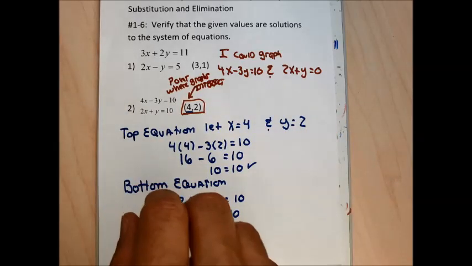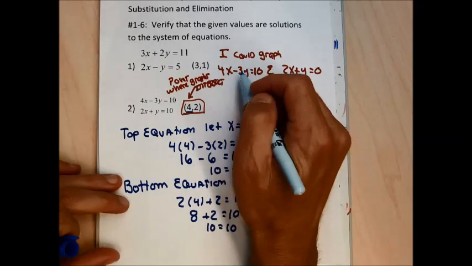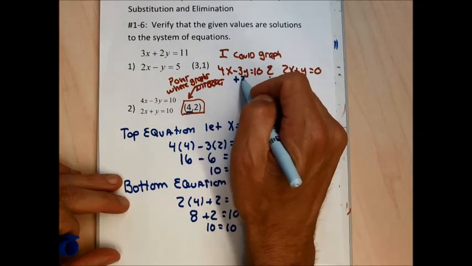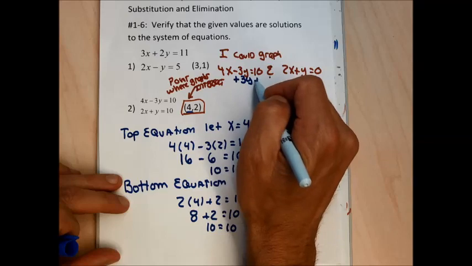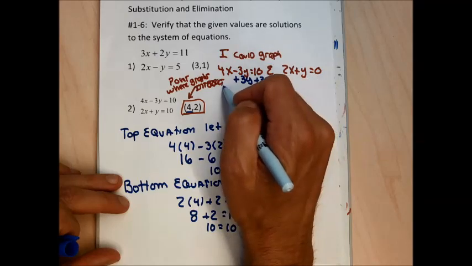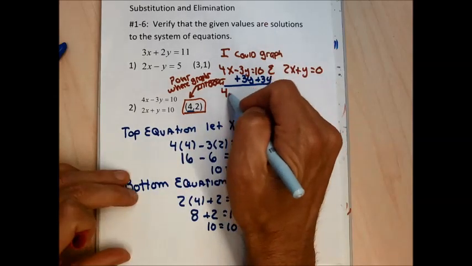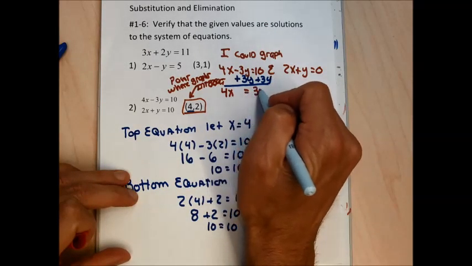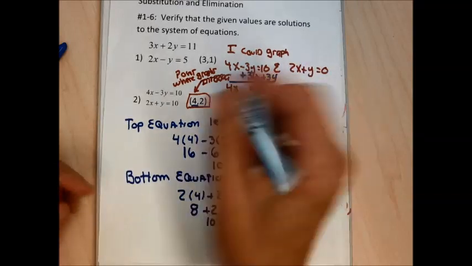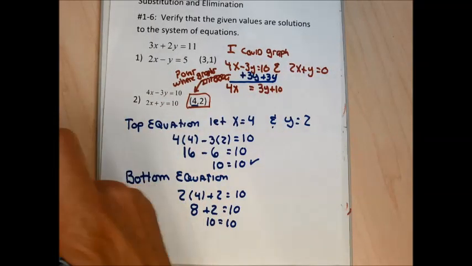To graph both of these, I need to solve them for y. So I'm going to do some algebra to solve the top equation for y. First, I'm going to add 3y to both sides. That's going to make 4x equals 3y plus 10. Then I'm going to subtract 10 from both sides.